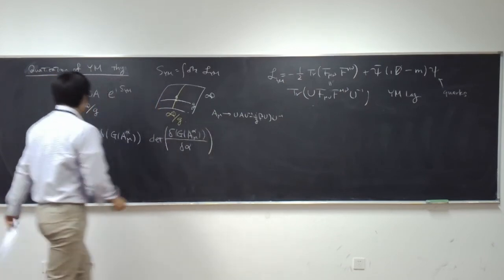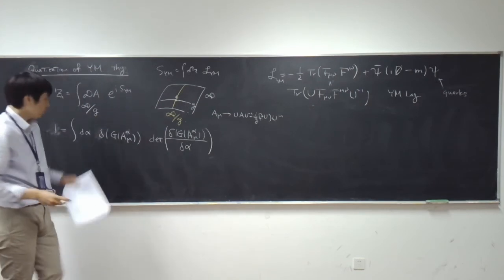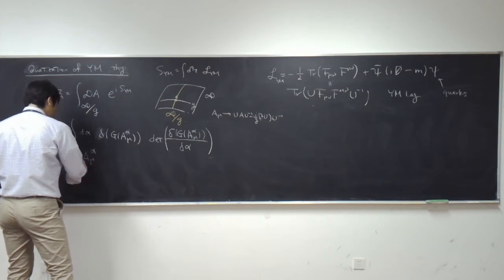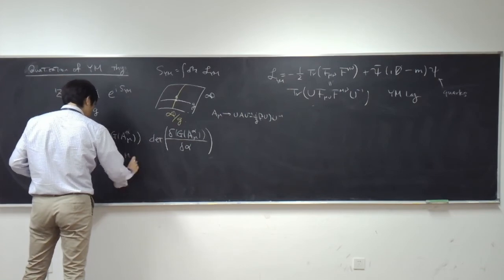So you just put this one inside the path integral, where delta G over delta alpha is indeed partial mu and D mu.